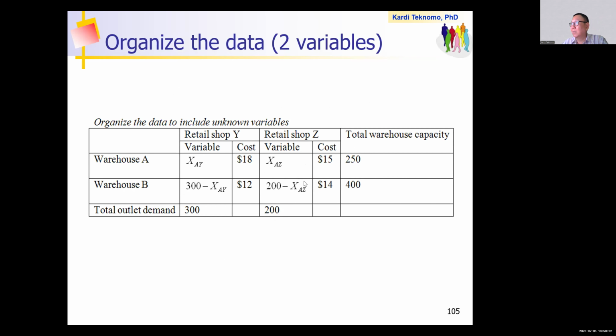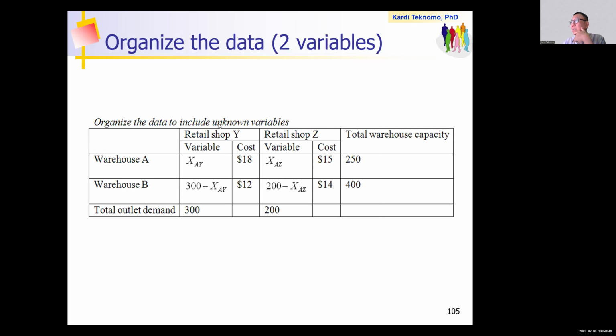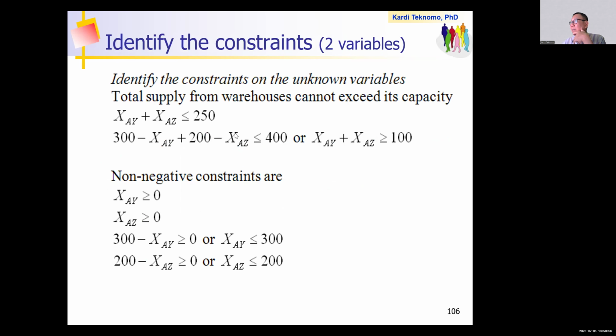Everything is the same, except now you use this one. But now the objective function changes, and then the constants also change. So this is the first constraint, based on this table, right? And this is the second constraint.